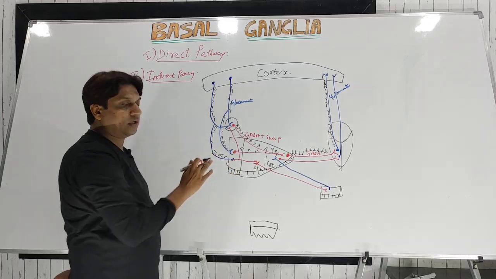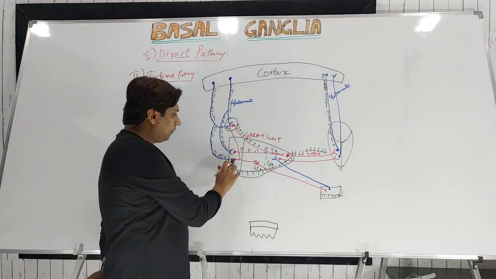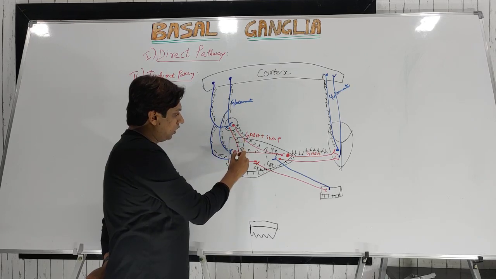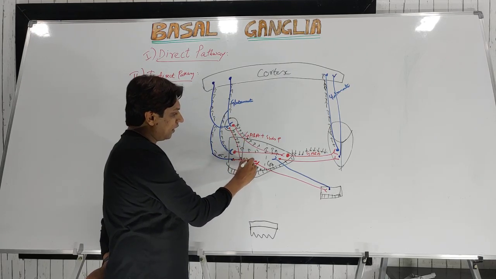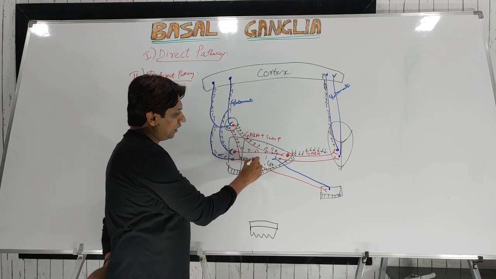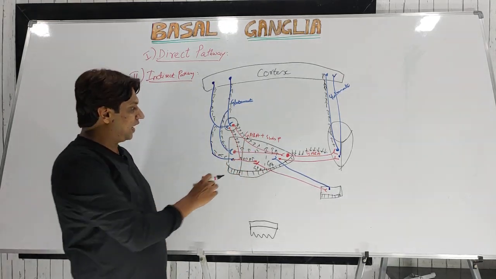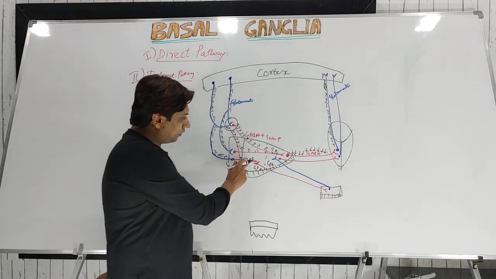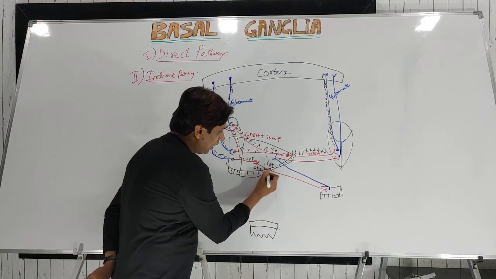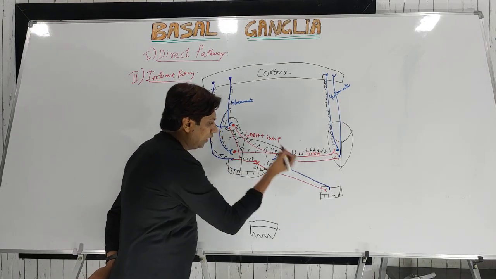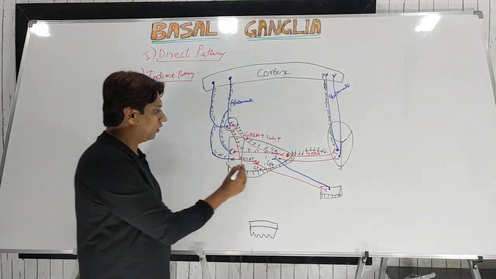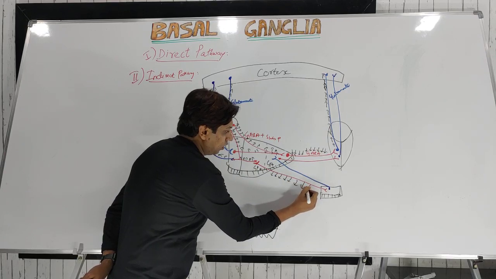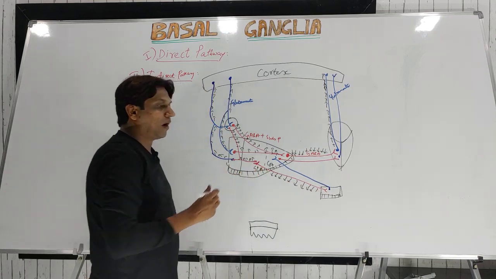Here the glutamate neurotransmitter is released, then the next fibers going up to the globus pallidus externus are also increased, but the neurotransmitter here is GABA. So in the next pathway, from the globus pallidus externus to the subthalamic nuclei, the action potential will be less, because the neurotransmitter here is GABA.